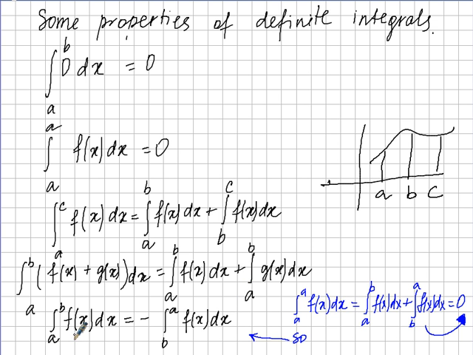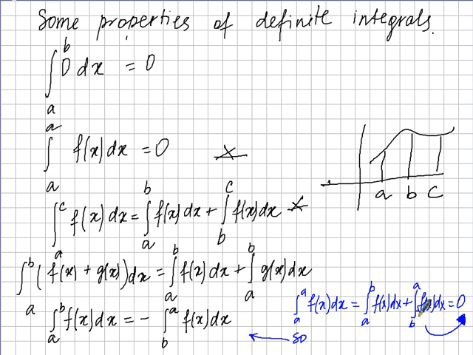And finally, a very useful property that comes from combining this property and this one. If I look at the integral of f of x dx from a to a again, but take an intermediate value b between a and a, which is a little bit artificial, but let's assume we can do that, then obviously this integral is equal to 0.